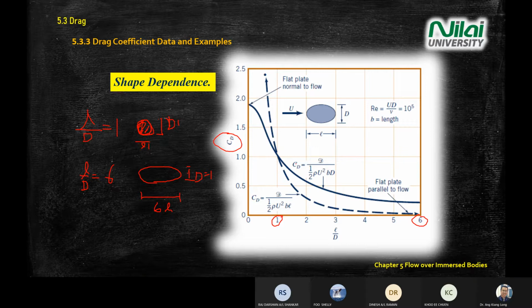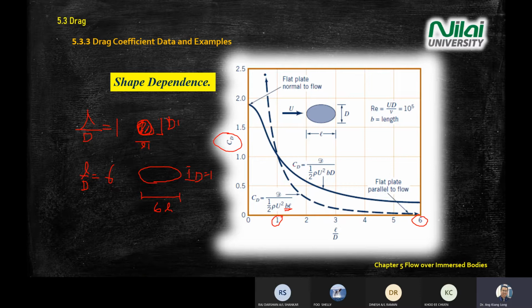And you have another one. Another one is CD equal to D divided by half V squared BL. This is a flat object. You can see that this is a flat plate parallel to the flow. This dashed one means you have a flat object.